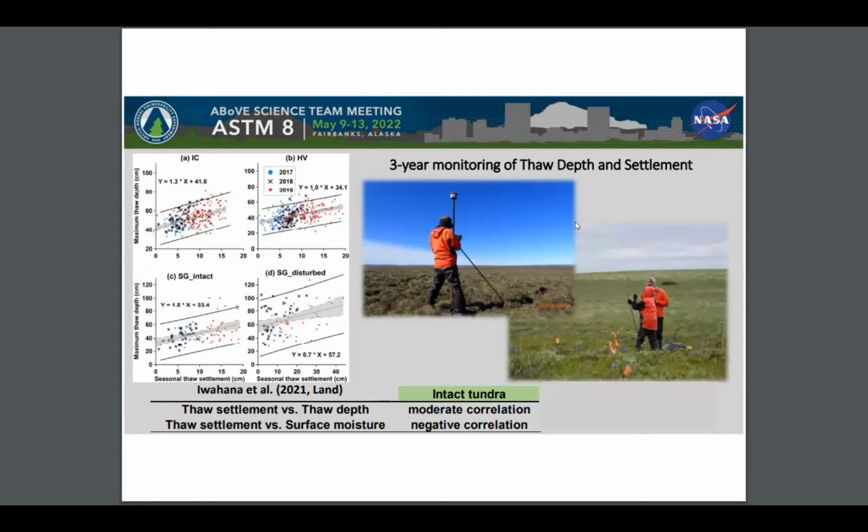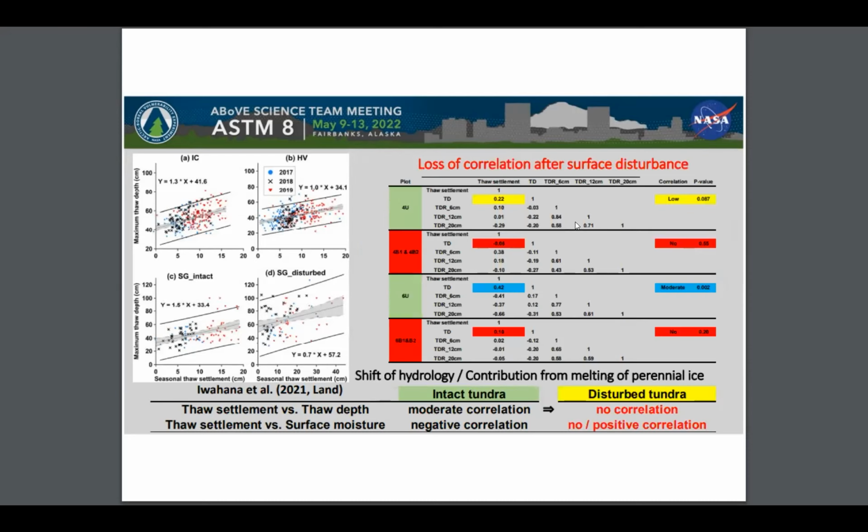Okay, so we conducted a 3-year GNSS survey for ground surface displacement at the beginning and end of the sowing seasons. The primary result from this survey was that we found a low to moderate correlation between maximum soil depth and seasonal soil settlement.